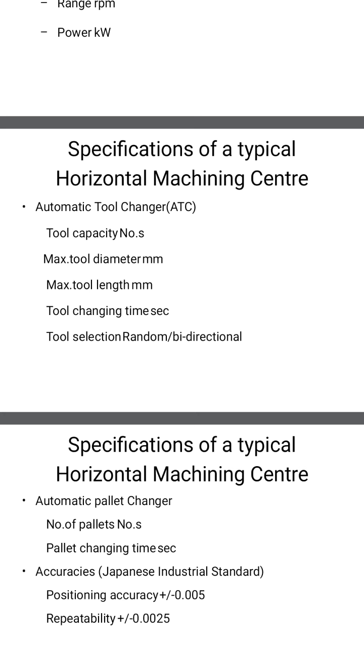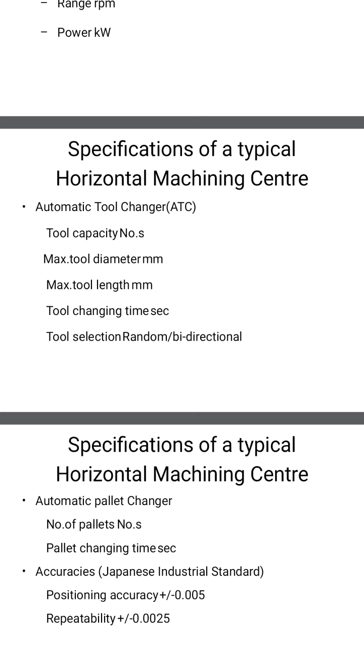Automatic pallet change: pallet means the fixture where we fix the job, turrets, all those things, number of pallets, pallet changing time. All these should be checked before we work on the machine.